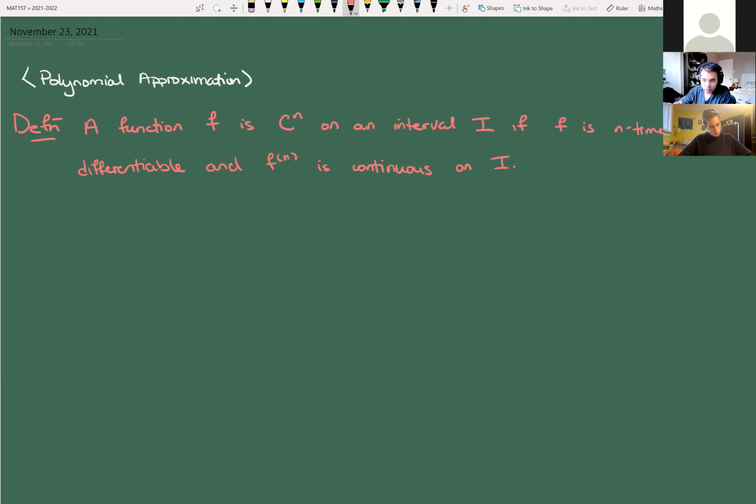We said you were once differentiable and the derivative was continuous. So C^n is the exact same concept, but you can do it n times.